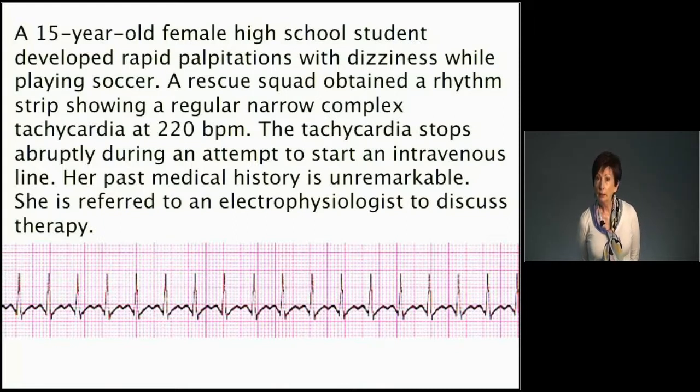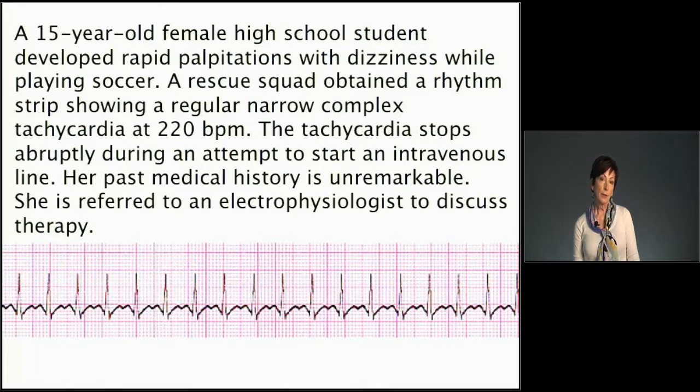So more than likely, starting the IV produced a vagal maneuver and possibly stopped the rhythm. Then she was referred to an electrophysiologist for a workup. It's possible that this young student could very well have an accessory pathway which allows for a re-entry mechanism.